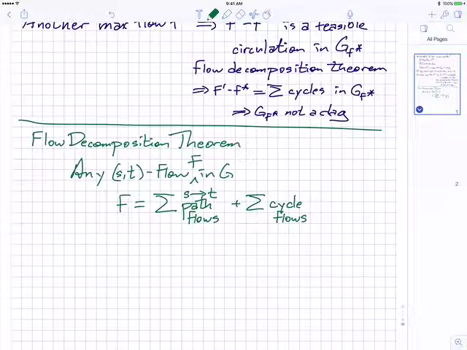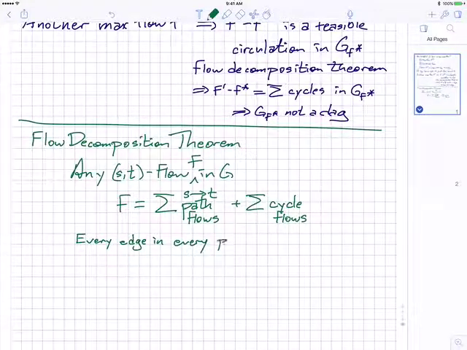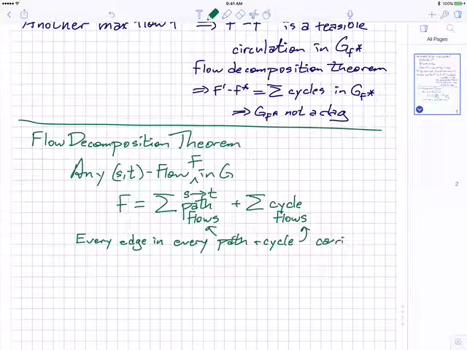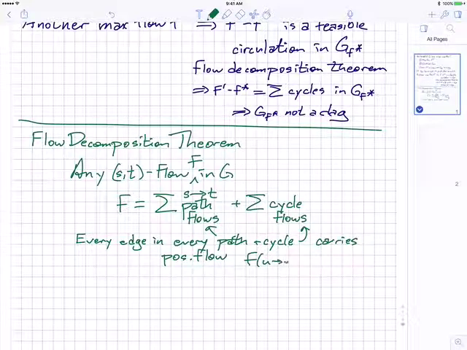And moreover, every edge in every path and cycle in these flows carries positive flow, meaning F of UV, the original flow that you're starting with, is positive.